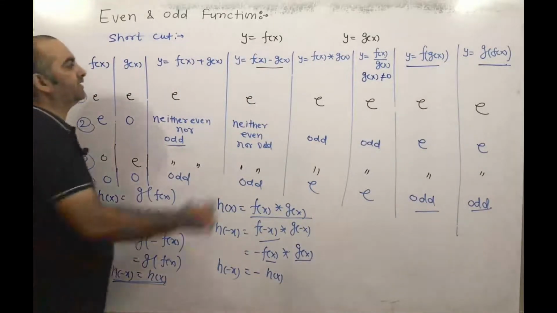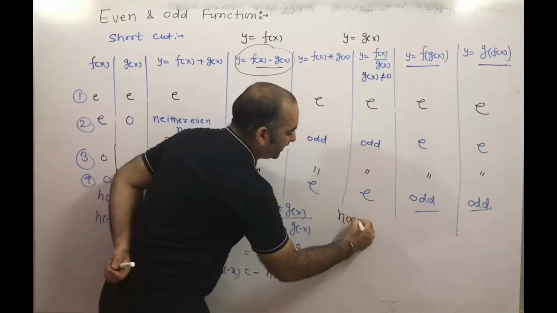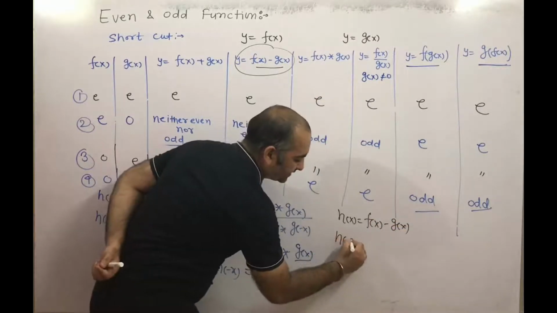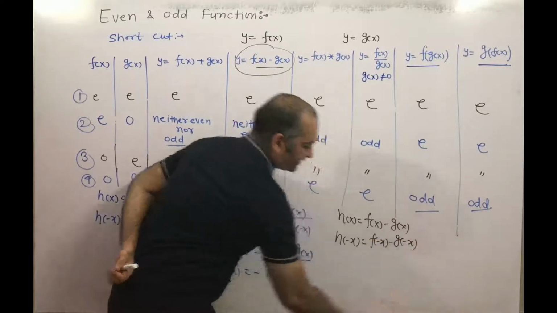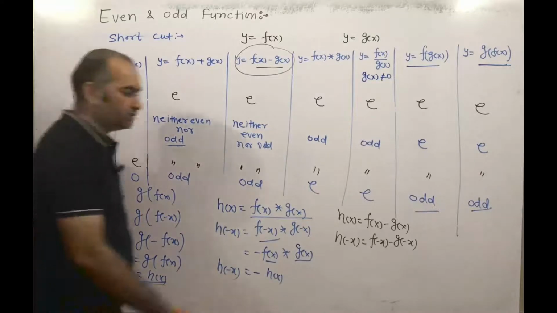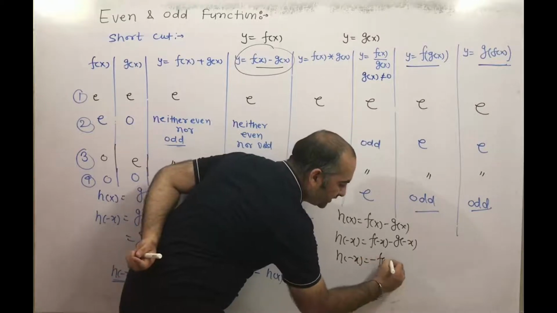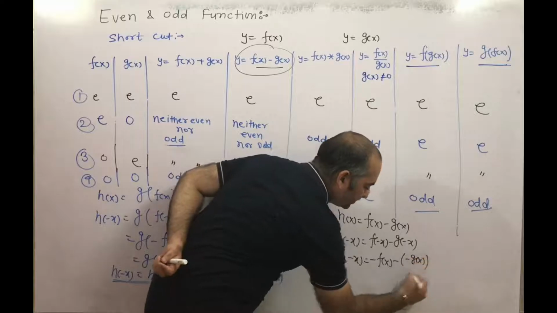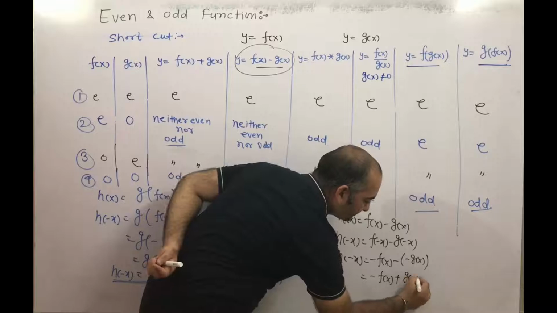Suppose you want to check this one. Here we take h(x) = f(x) - g(x). So h(-x) = f(-x) - g(-x). Here f(x) and g(x) are both odd functions. So h(-x) is -f(x) and -g(x), that is, -f(x) + g(x).